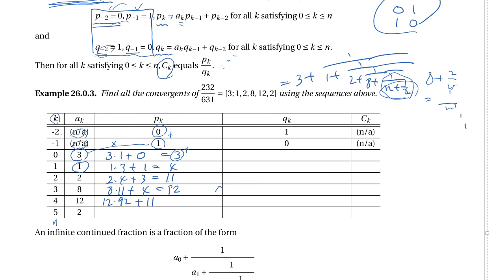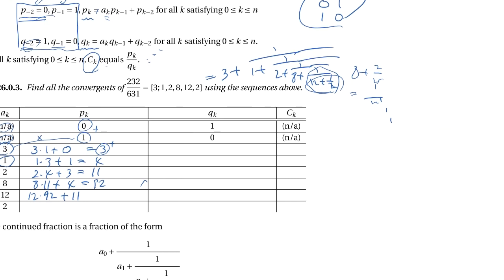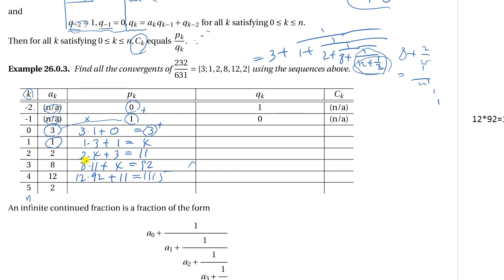I'm lazy, so let me just calculate here. So 12 times 92 is 1104, okay? So adding 11 means 1115, right? And the last one is 2 times 1115 plus 92.